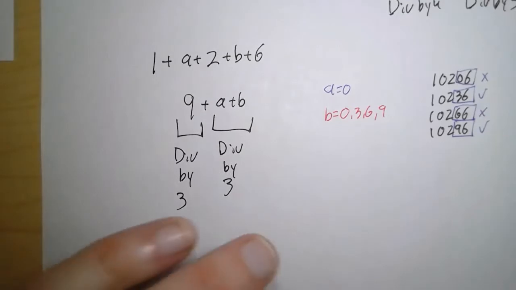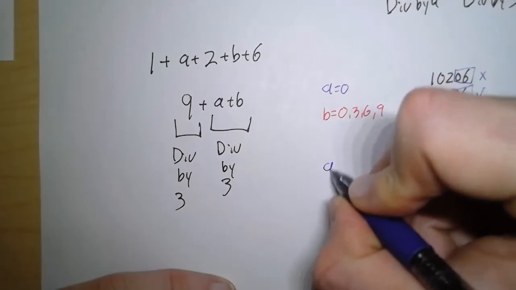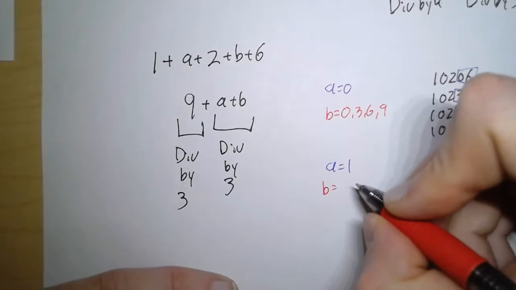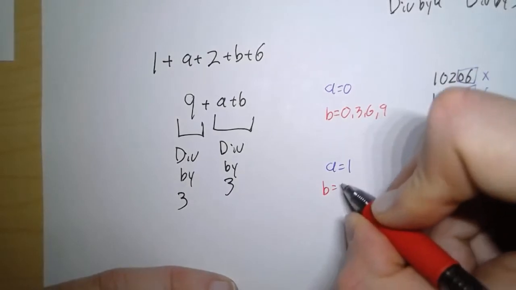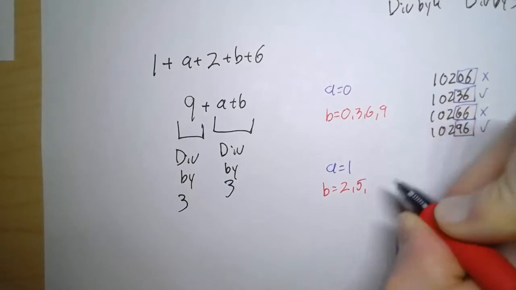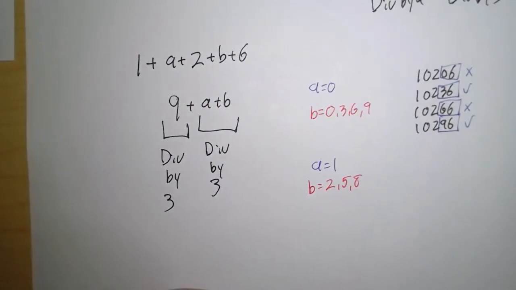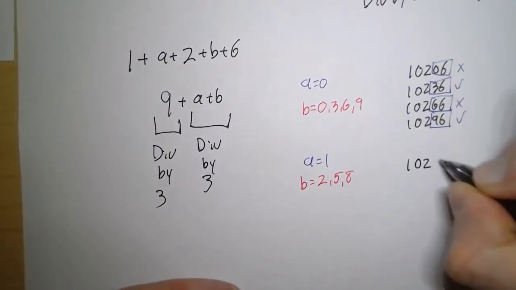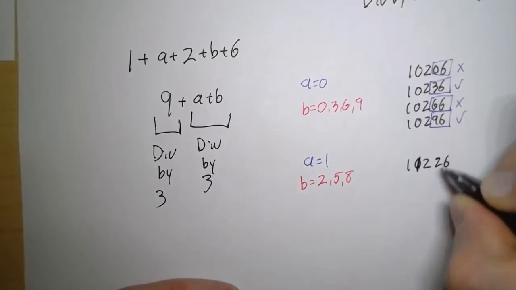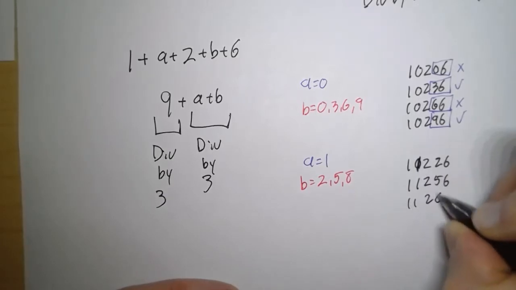So now we have to look through all the different numbers. If a equals 1, then what is b? Then b has to be such that a plus b is divisible by 3, so 2, 5, and 8. So we have 11226, 11256, 11286.